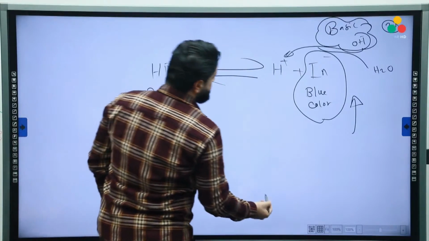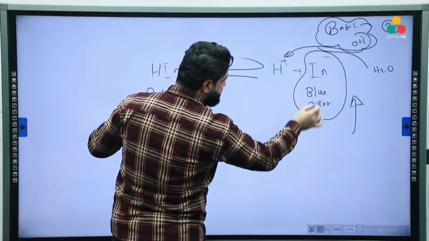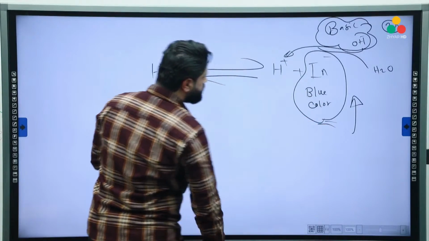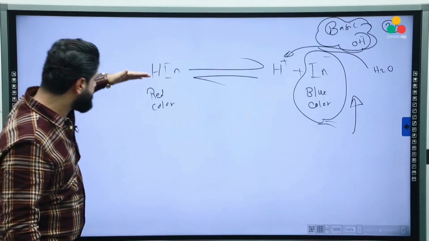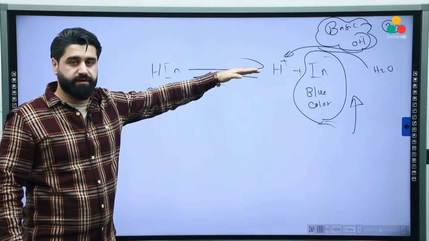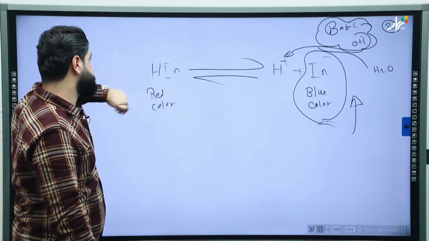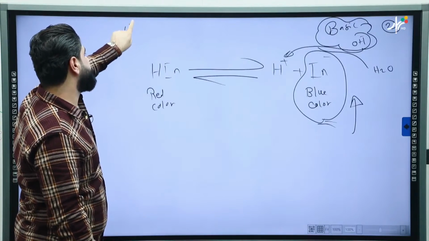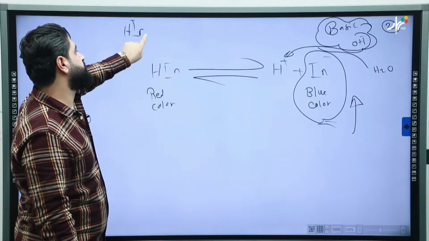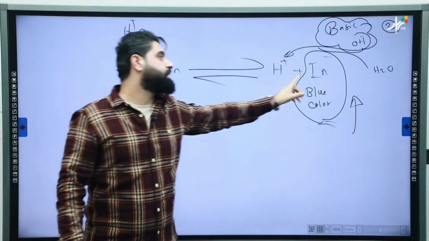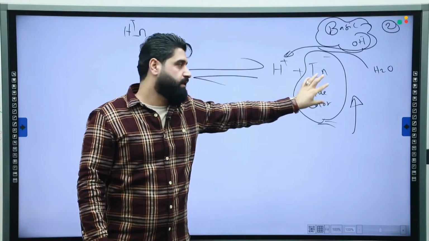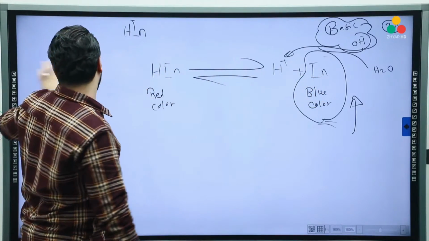That's why the color of the indicator in a basic medium will be blue, because the dissociation of the indicator increases and formation decreases. HIn indicator in a basic medium will be mostly in In negative form rather than HIn form.